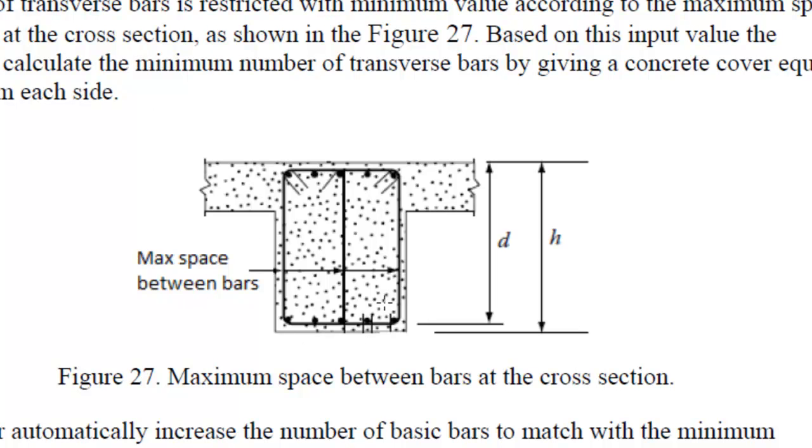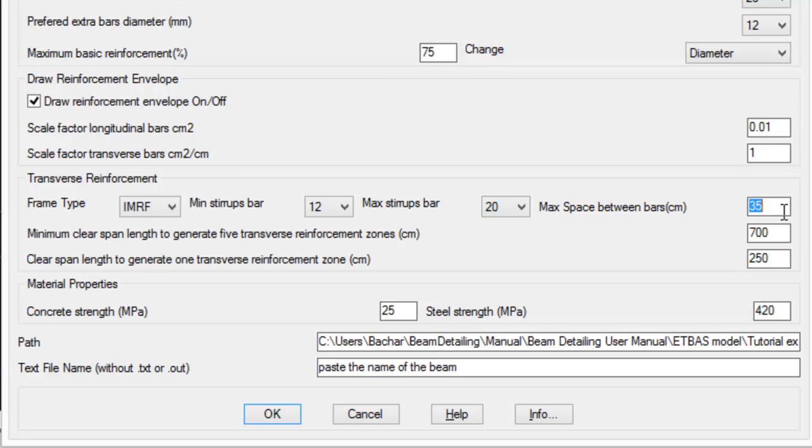If this beam has a 25 centimeter width, in this case you will have a minimum of just one stirrup. But if this beam is 50 centimeters, the minimum would be 3, one stirrup and one tie bar, because 50 centimeters minus 2.5 from the right and 2.5 from the left will be 45. 45 is more than 35.